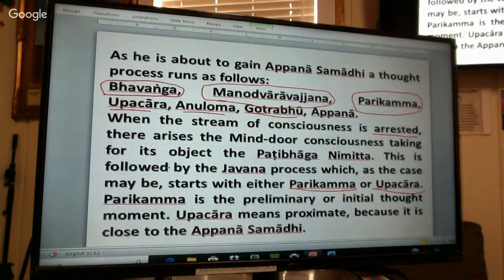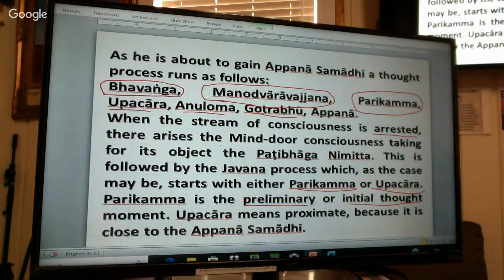So what is the parikamma? Parikamma is a preliminary or initial thought moment, like a kind of preparation. If you want to go somewhere, you have a plan to go somewhere, you need preparation, isn't it?